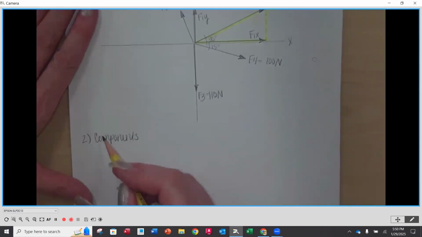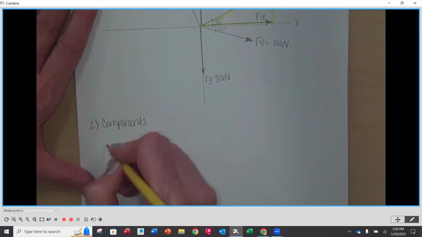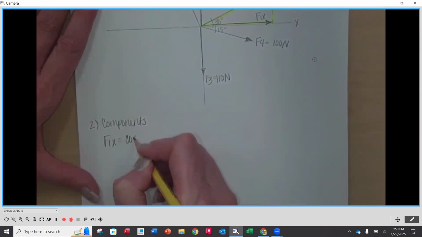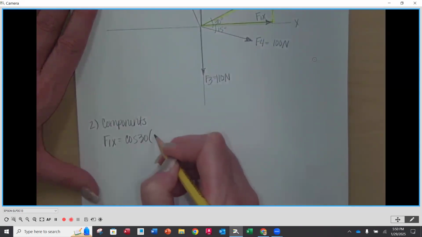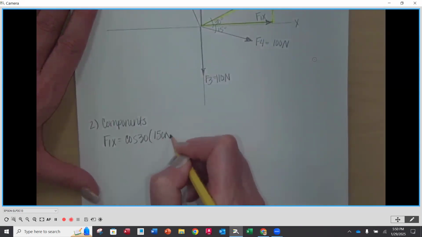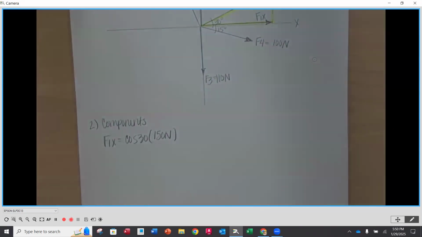So if we go down here, step number 2 is our components. I'm going to say that F1X is equal to the cosine of 30 times 150 newtons, which is F1. It's the hypotenuse.